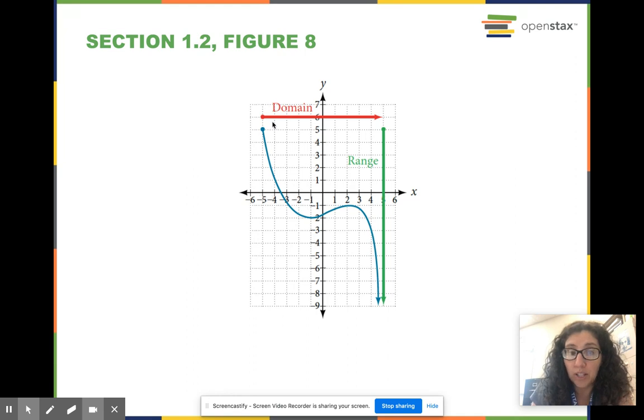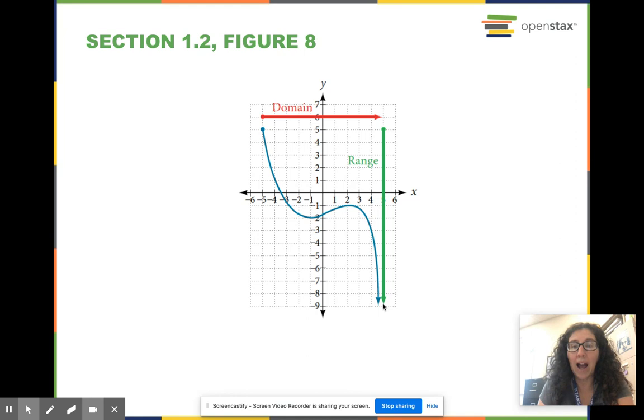So this red line here is indicating the domain. It looks like it's going to start at -5 and go on forever. And the range, the highest it's ever going to get is 5, and then it's going to go down forever.